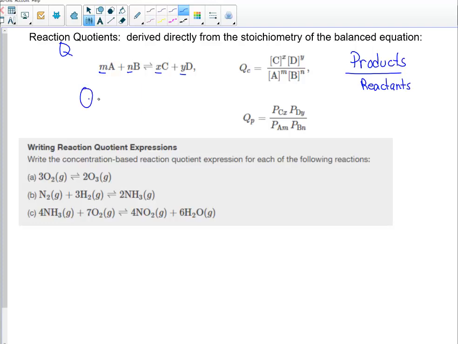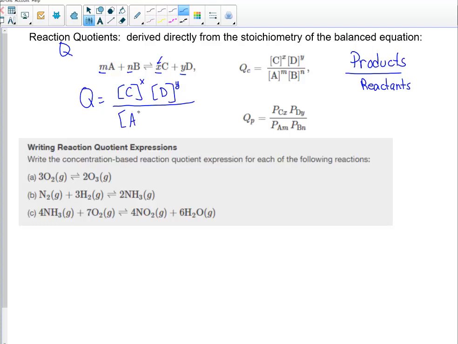So the reaction quotient, products over reactants, the product C raised to the power of X, where X is its coefficient, times the product D raised to the power of its coefficient Y, set over the reactants.